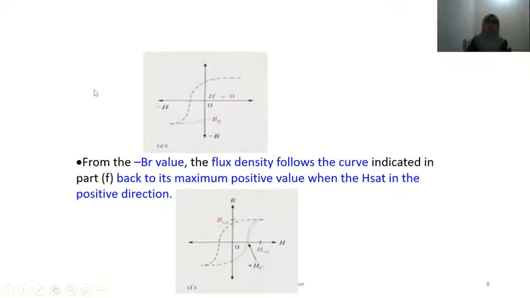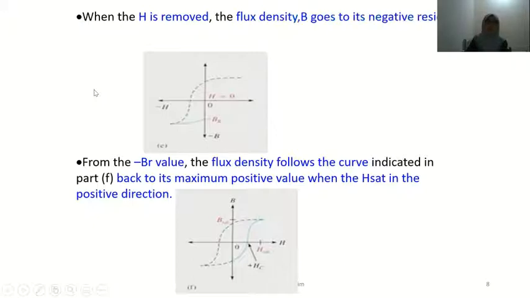And now, when H is removed again, the flux density B goes to the negative residual value of minus BR.